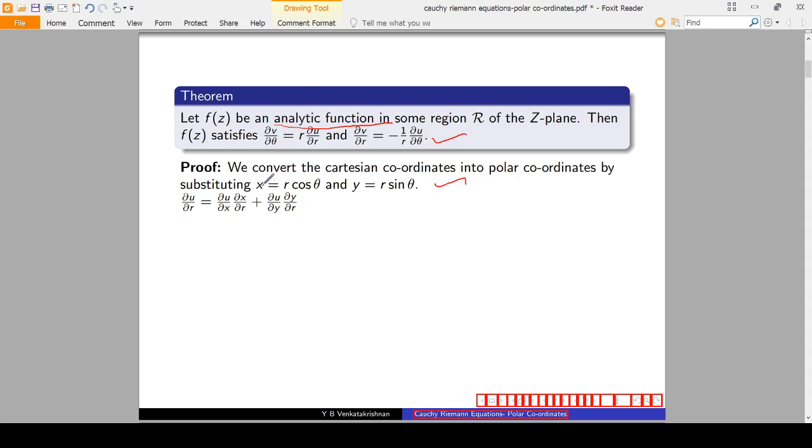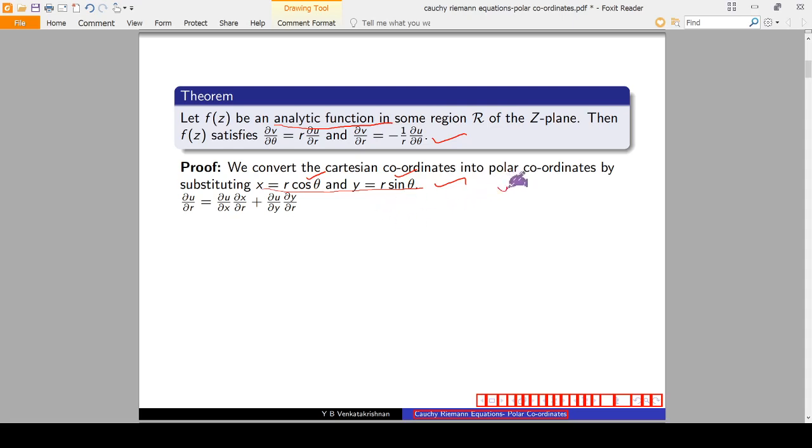Here, the general transformation that is used to convert Cartesian to polar coordinates is this. x is equal to r cos theta and y is equal to r sin theta. When you substitute this, the Cartesian coordinate system will get transformed into the polar coordinate system.